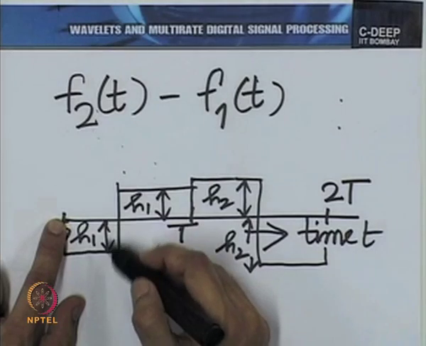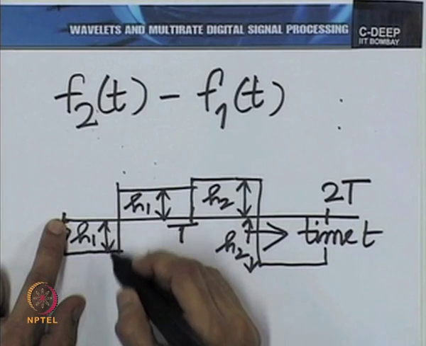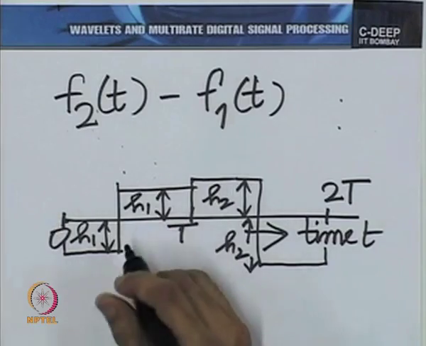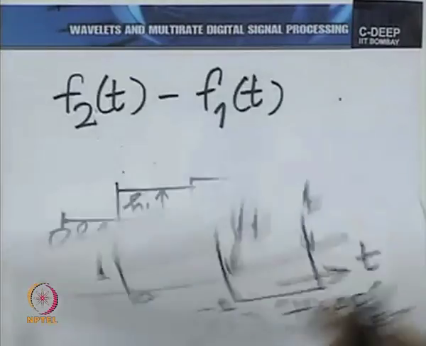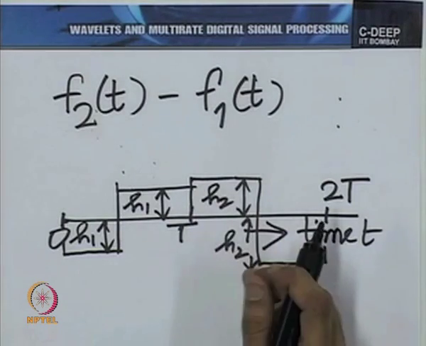Of course, h1 is an algebraic constant, it should be given a sign. Here for example, h1 should be given a negative value, because we have started psi(t) with a positive 1 and then minus 1 here. Similarly, h2 has a positive value here.